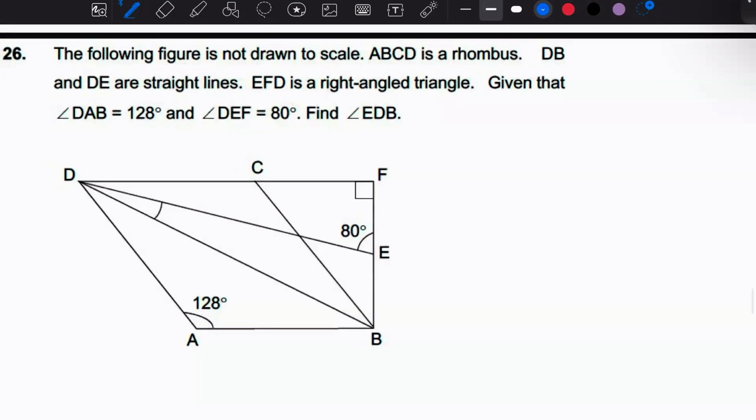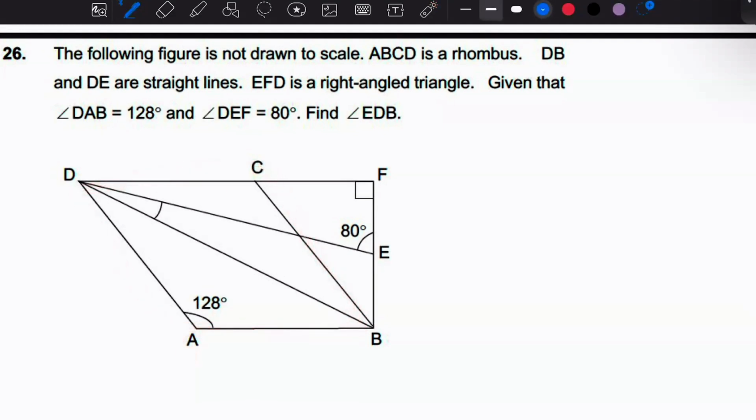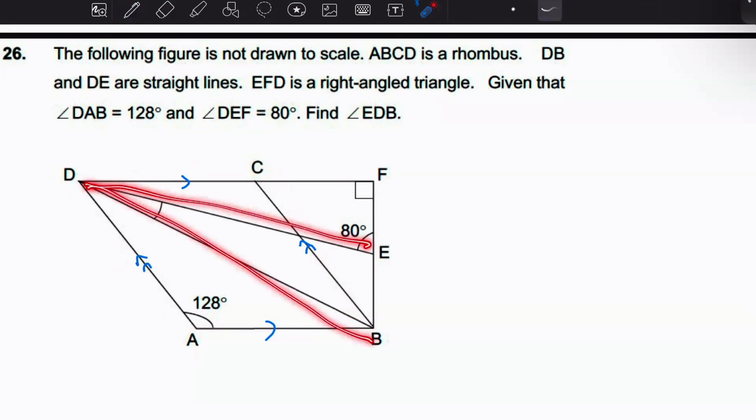So question 26. The following figure is not drawn to scale. A, B, C, D is a rhombus. So this is your rhombus. So when they say that this is a rhombus, you know that these are parallel lines, right? These 2 are parallel to each other. Then DB and DE are straight lines. So these 2 are straight lines.